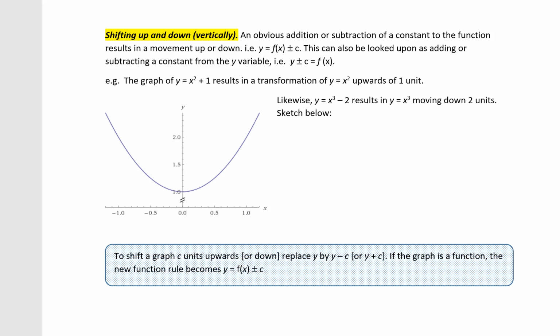Another common translation or movement of a graph from its most basic position is a movement vertically up or down.